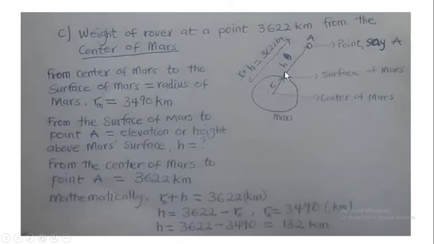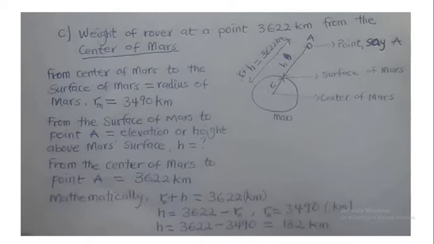So when you compare that 3,622 to the radius of Mars, you will see that that point lies outside the surface of Mars. So in this case, to calculate the weight of the rover, you have to use the gravity at that height and multiply it with the mass of the rover before you can get your answer.